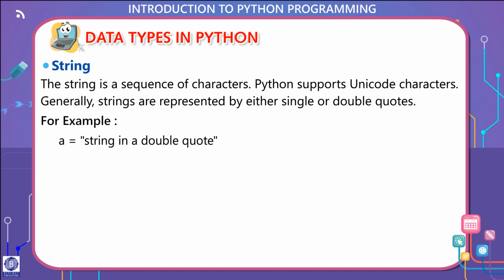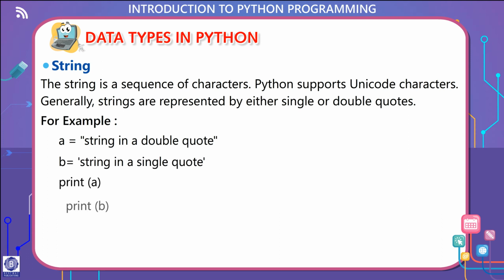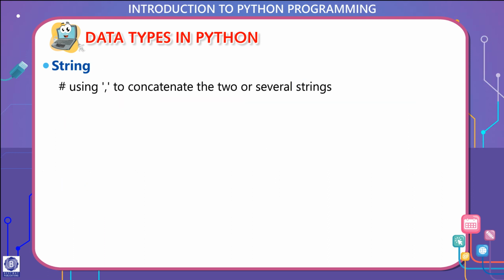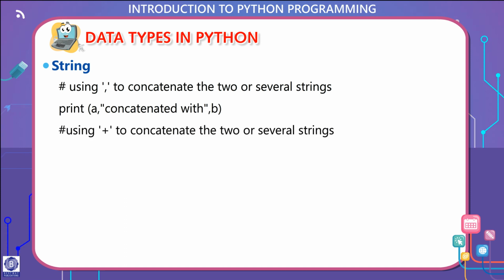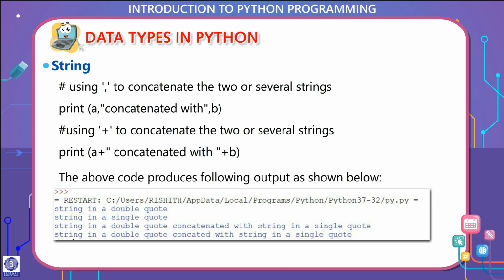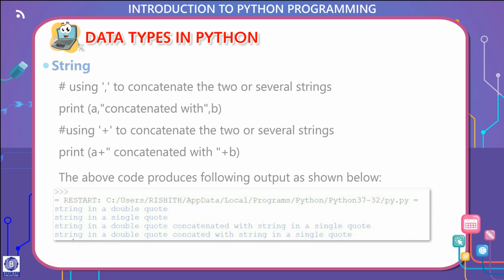For example, a = "string" in double quotes, b = 'string' in single quotes, print(a), print(b). # Using comma to concatenate the two or several strings: print(a, b). # Using plus to concatenate the two or several strings: print(a + b). The above code produces the following output as shown below.